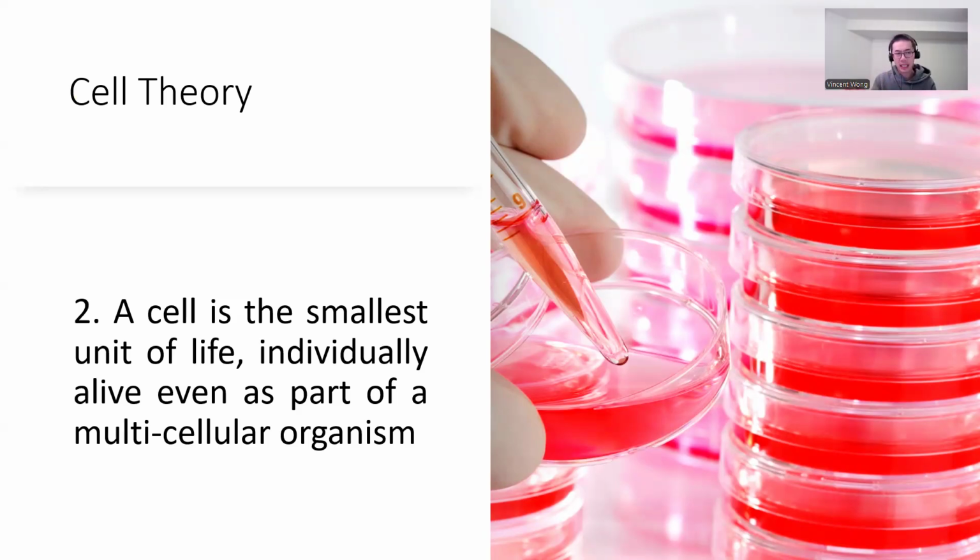They will eventually die, but they are able to live out of the body as long as you supply them with nutrients and the right temperature and the right pH and all that stuff. So individually, they're alive. They don't need to be part of you in order to survive. Of course, you need to have the right conditions.